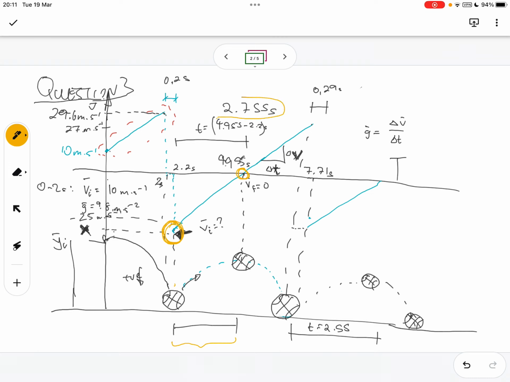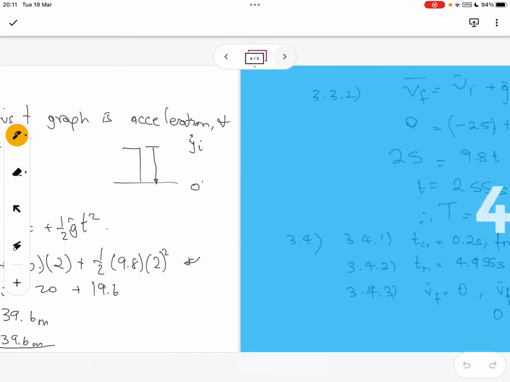So we're going to look between these two points here. The time difference is 2.755, which is on this axis, right? But the velocity changes from x to naught.